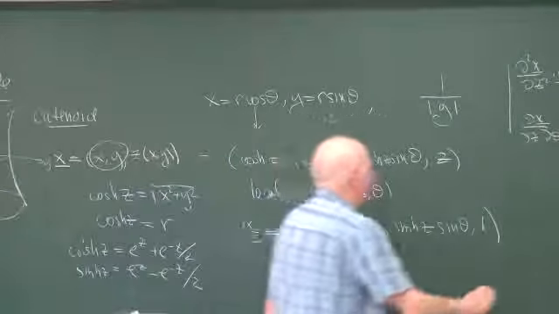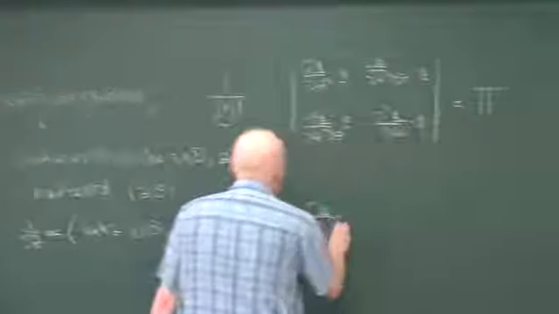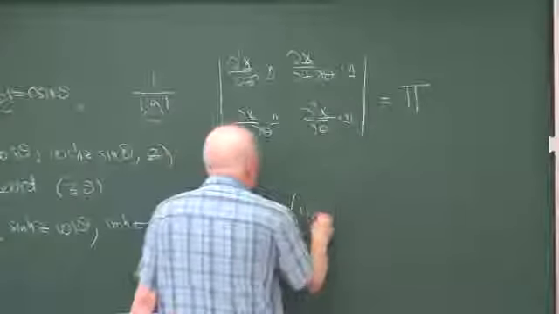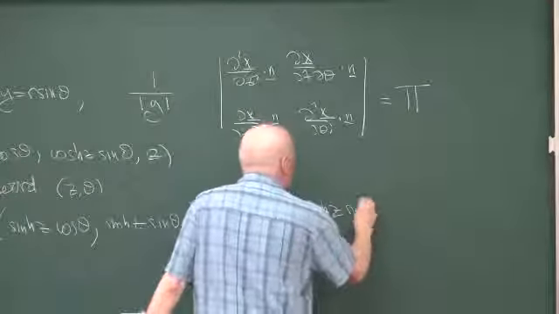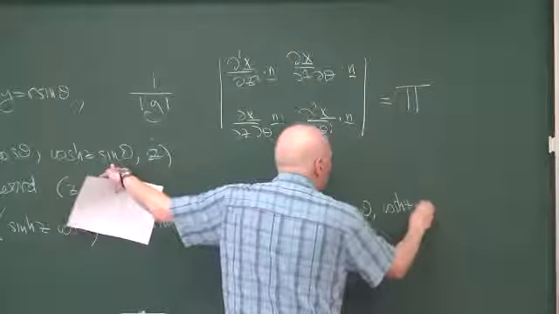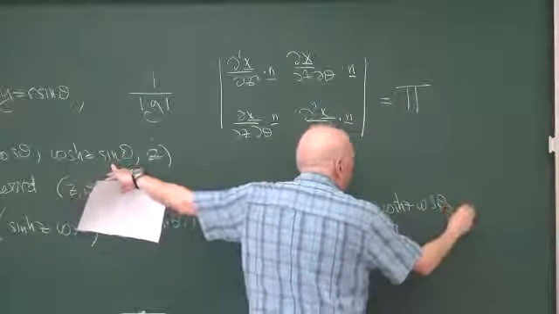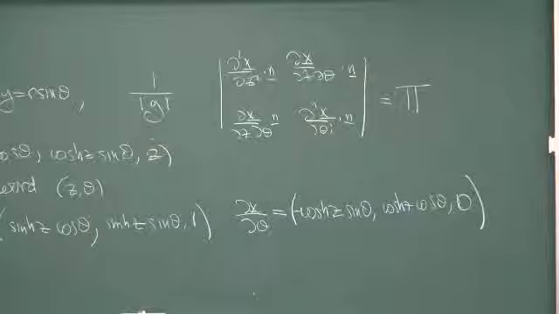Now I have to take the partial derivative of x with respect to theta. So I get hyperbolic cosine z times: the derivative of cosine is minus sine theta, the derivative of sine is cosine theta, and the derivative of z with respect to theta is 0. So now we found the first derivatives, and they tell us the metric.